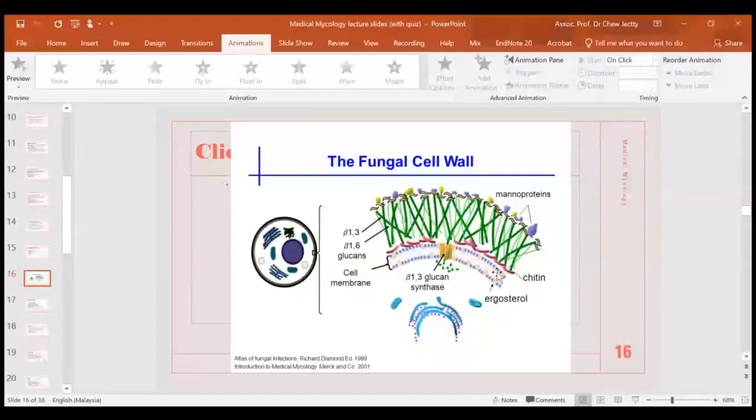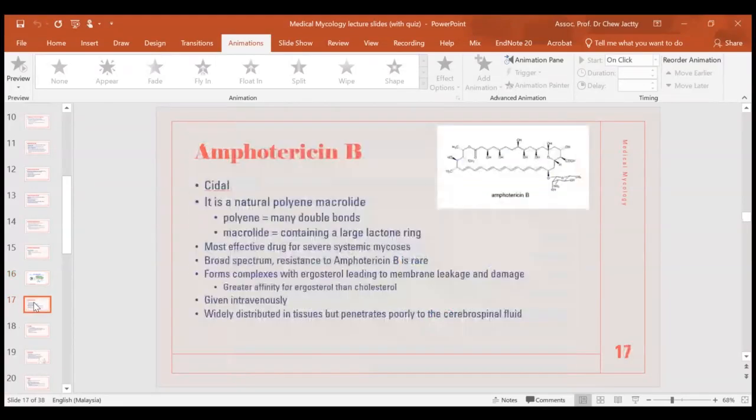This is also a lipid structure. Compared to human cells, we have cholesterol compared to ergosterol. So there's a slight difference between fungal and human cells. Ergosterol is the target of 3 different groups of antifungal. And beta-1,3 glucan synthase is another molecular structure targeted by antifungals, and then the beta-glucan structures. So these are the 3 main ones that we will refer to later.